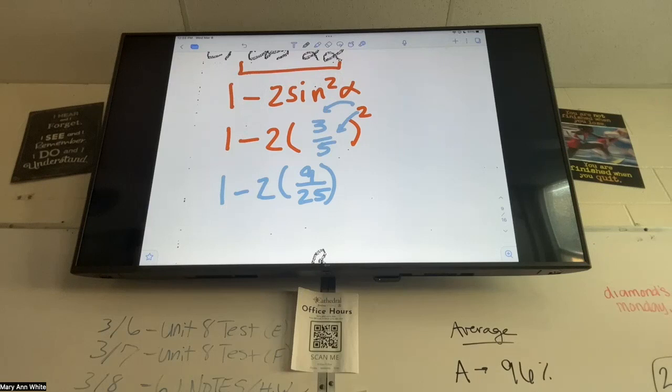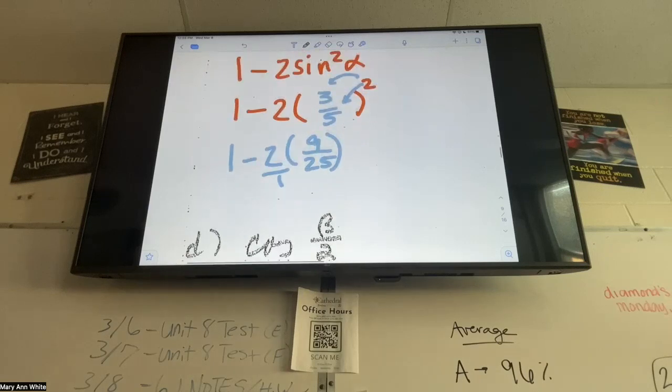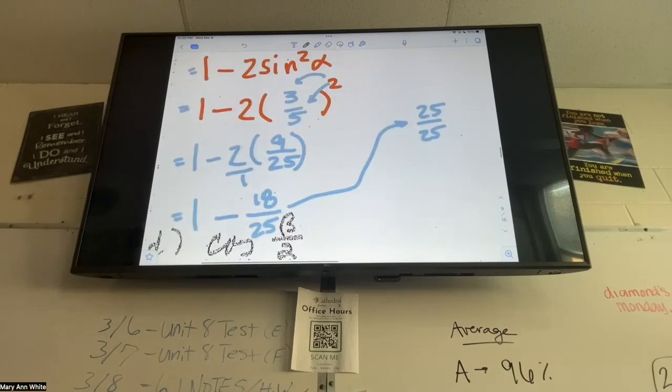When I multiply 2 times that fraction, think of it as 2 over 1. So now I've got 1 minus 18 over 25. And then we can get like denominators: that's 25 over 25 minus 18 over 25, and that's the same thing as 7 over 25.